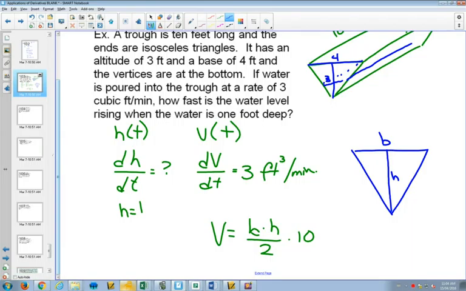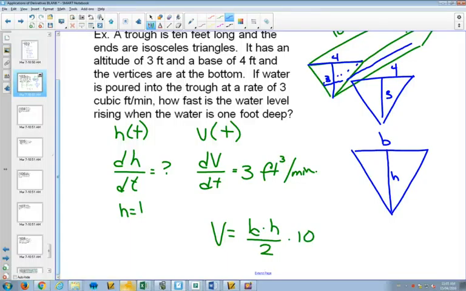So one of the things that we're going to have to try and do is see, is there a relationship between the base and the height so that we can write this equation just with h as the variable? Well, as the water is rising, this is always the triangle that gets made. When the trough is completely full, then the height would be 3 and the base would be 4.